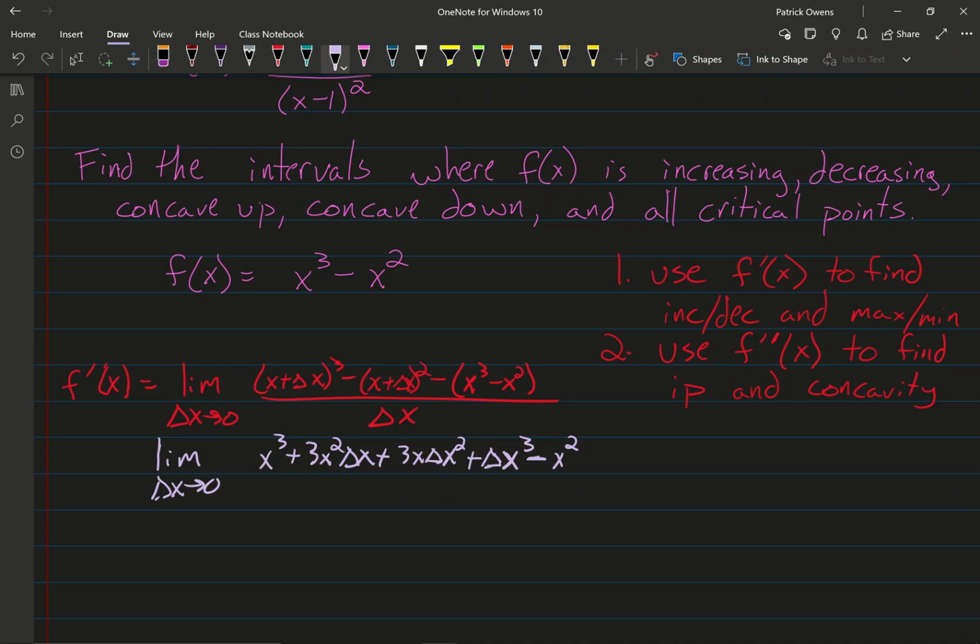Now, we are going to see a lot of terms cancel out here when they're added to their opposite. So x cubed minus x cubed is 0. Negative x squared plus x squared is 0. And every term in our numerator has a delta x in it still. So what we can do is factor out a delta x.